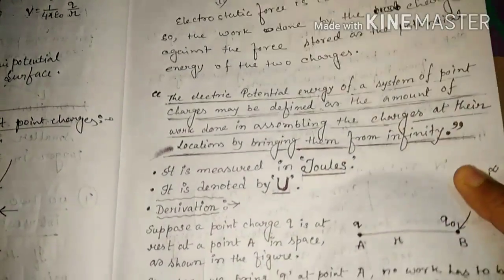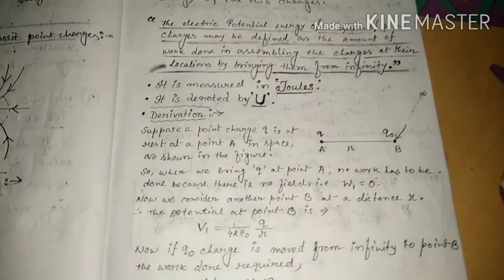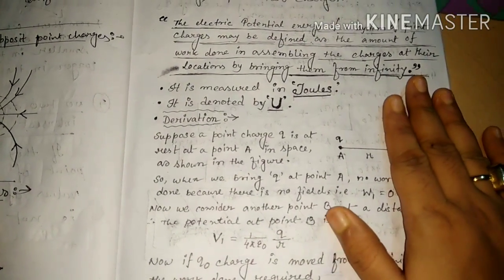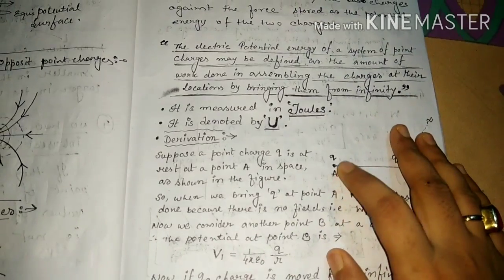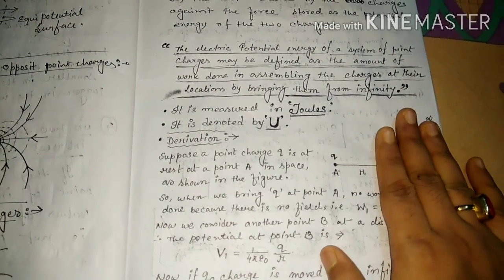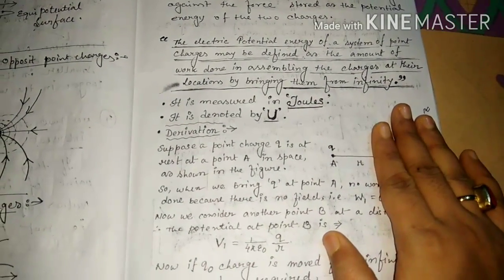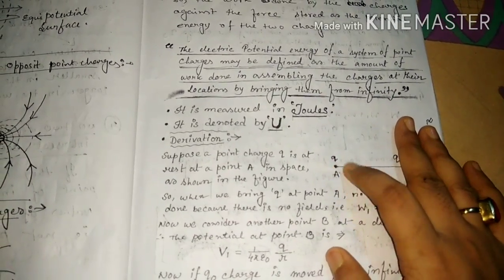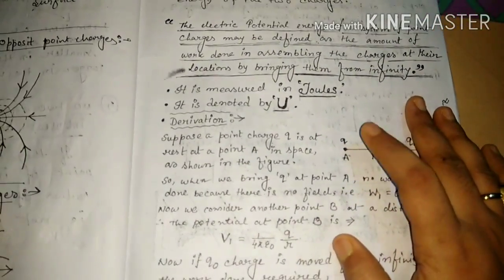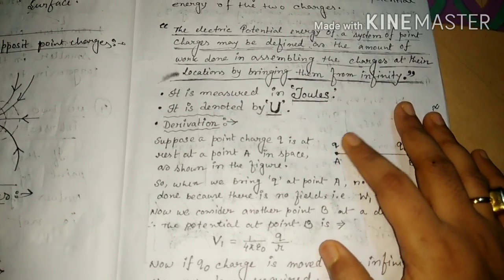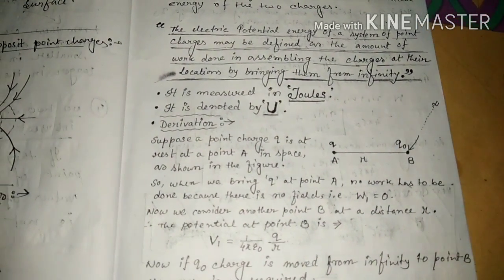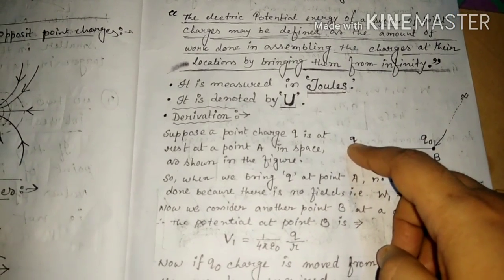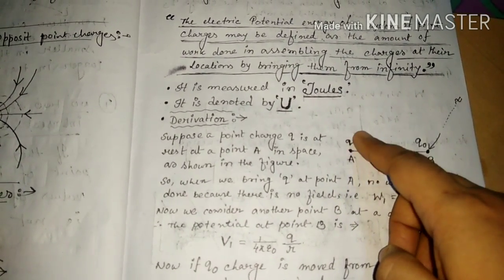Okay, so now we derive the expression for potential energy. How do we derive this? This is the diagram. First of all, consider only point A, where charge Q is placed. No other charge is there. Charge Q is at rest at point O. When charge Q is placed, no work has to be done, because before placing charge Q there is no charge and no field.